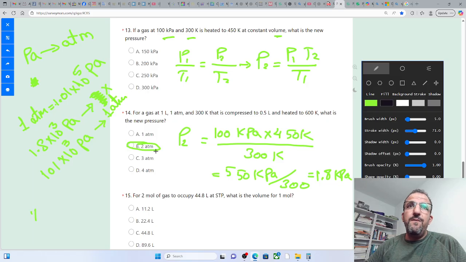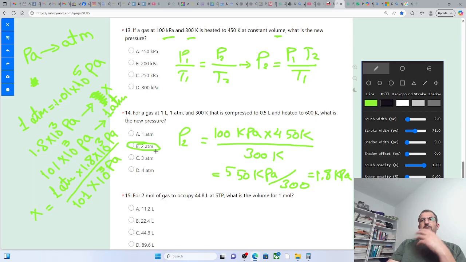So if I solve for X, you will see that X is equal to 1 atmosphere times 1.8 times 10 to the power 3 Pascal divided by 101 times 10 to the power 3 Pascal. So let's see if I'm right.